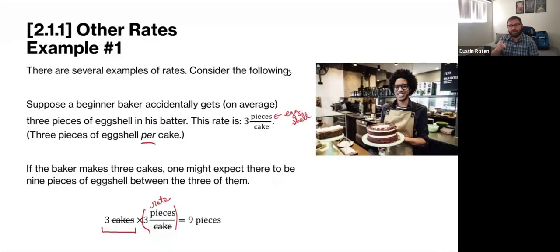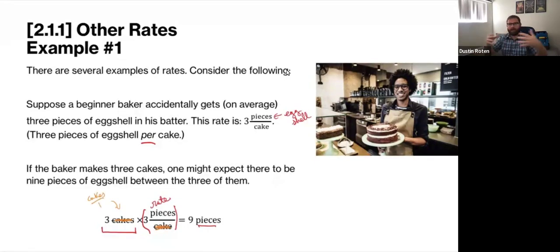Notice that the units cancel out. Units work like fractions, so we have cakes here in the numerator, cakes here in the denominator. Keep in mind that we can rewrite this as cakes over 1.